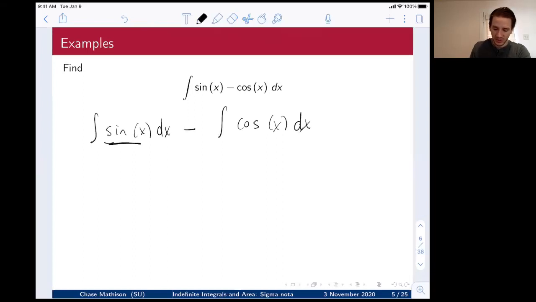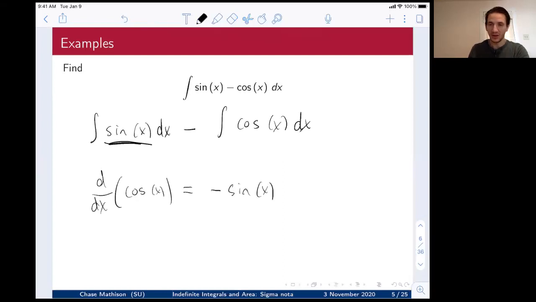We know, let's look at sine of x. We know that the derivative with respect to x of cosine of x is negative sine of x. So I want to end up with positive sine of x over here. So that tells me that the negative derivative of cosine of x is equal to sine of x.